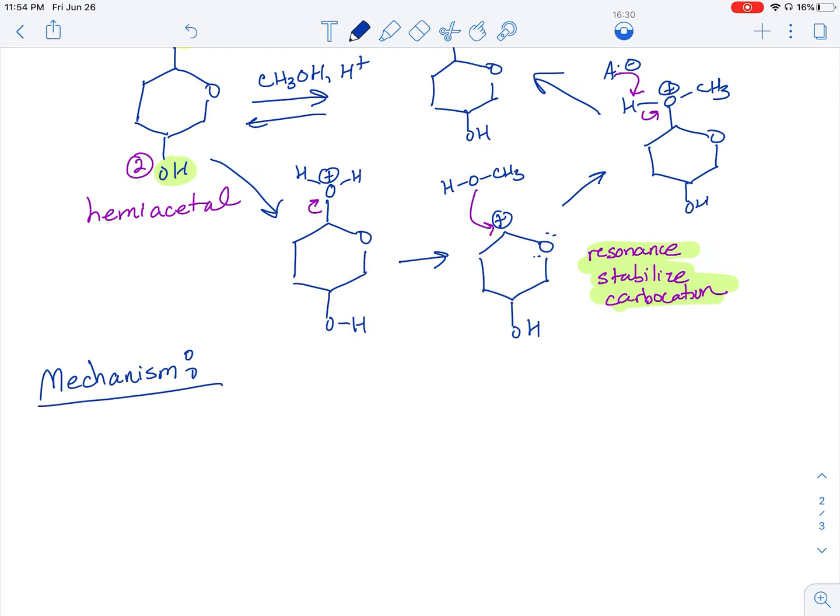If we were to take this molecule here, and the only thing we're going to react this with is an acid, we would end up with this here, right? So go ahead and give me a mechanism for this reaction right here. And like I said, if you think you got it, you can take a picture of it and then send it to me, and we can see how you did.